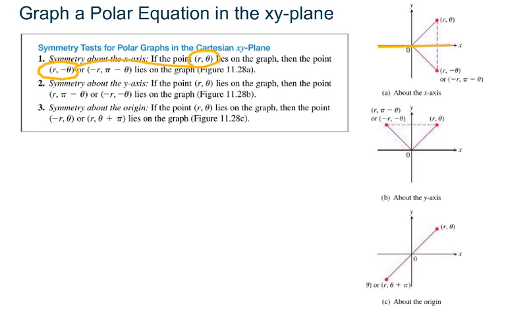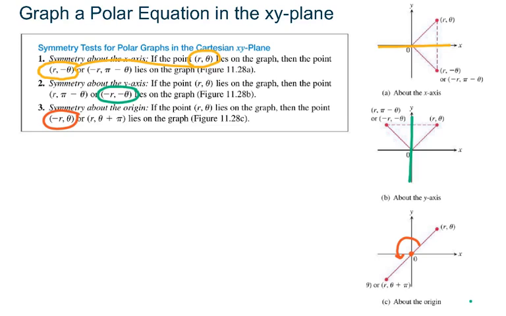If you plug it in and you get a negative r and a negative theta that gives you the same graph as the original equation, that would be symmetry across the y-axis. And if you have a negative r, positive theta, and that gives you the same as the original graph, that is rotational symmetry about the origin.